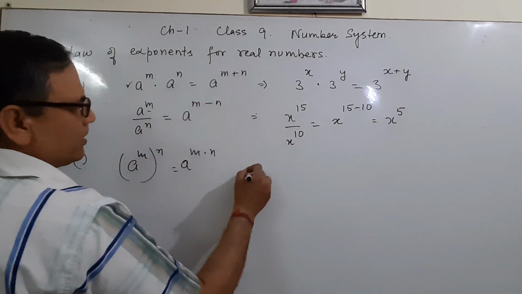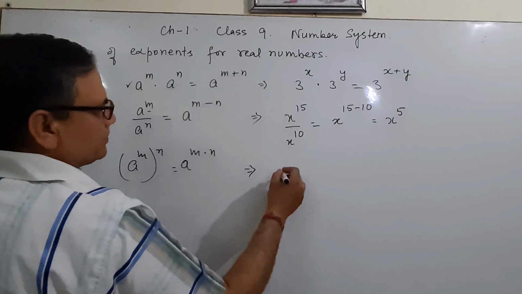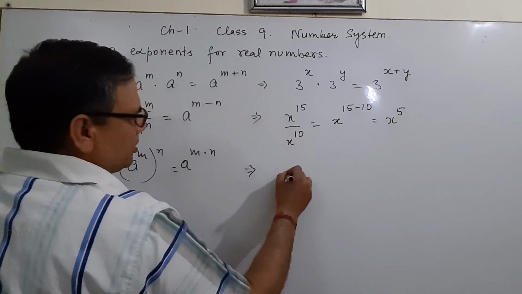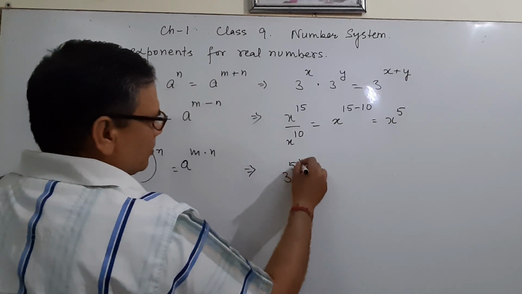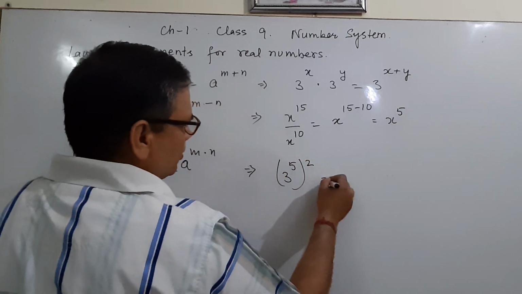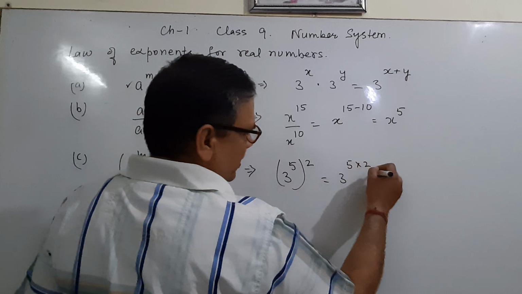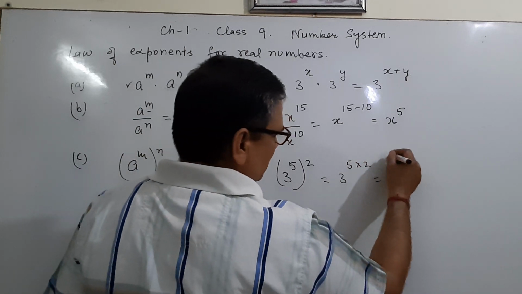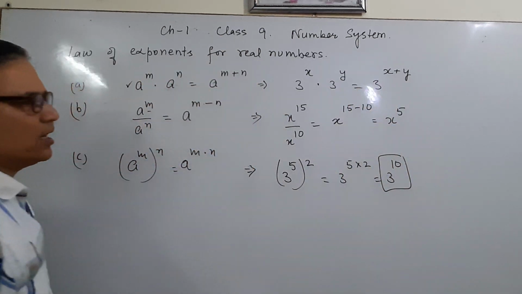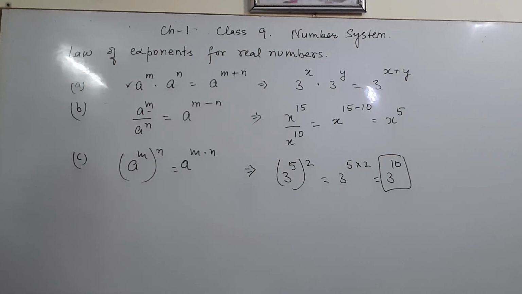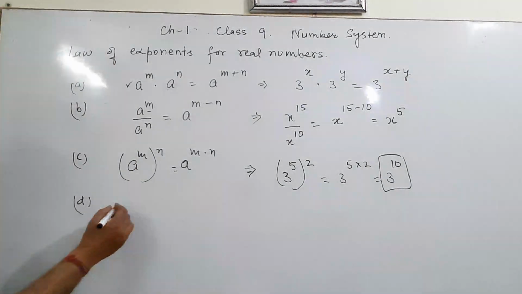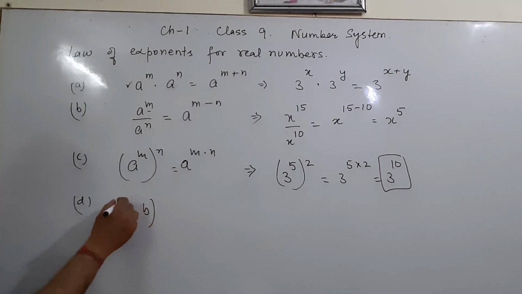And now an example again. 3 power 5 whole power 2 is equal to 3 power 5 multiply 2, 3 power 10. It is your answer. This is the third law. And the fourth law, d part. Is it clear? The fourth law is a b whole power n.